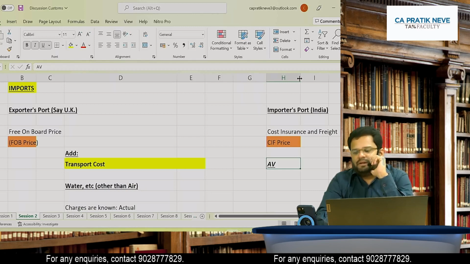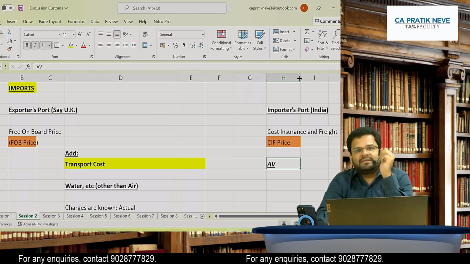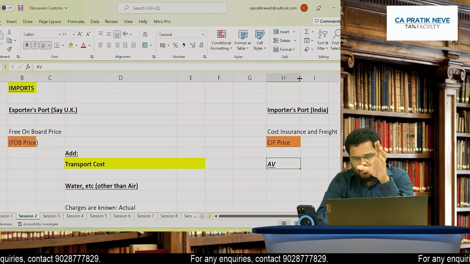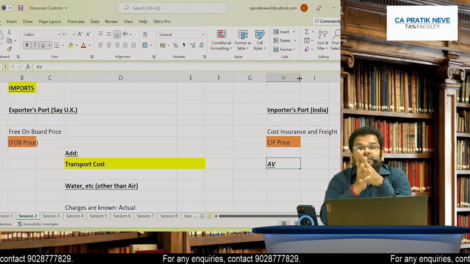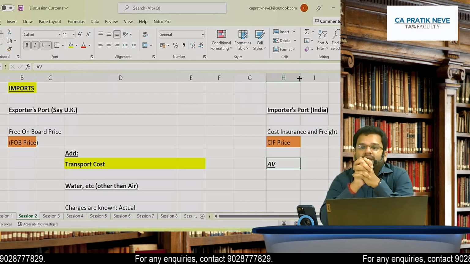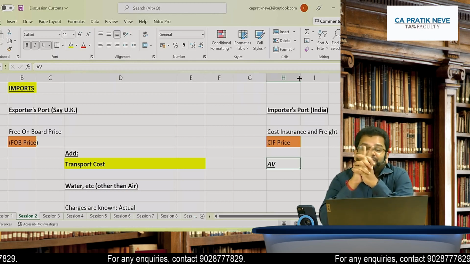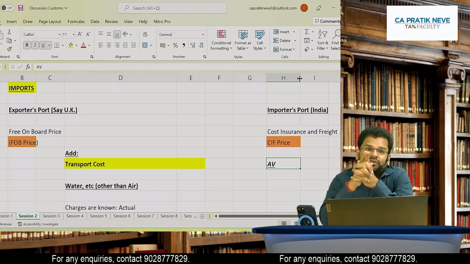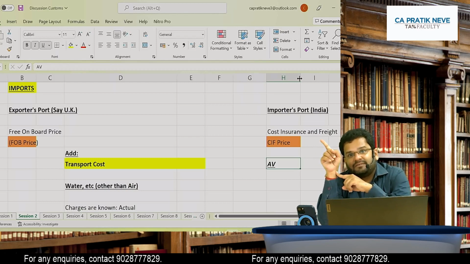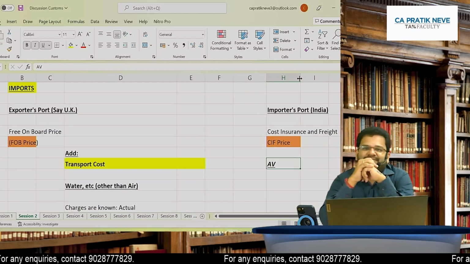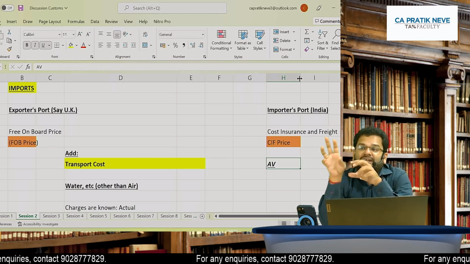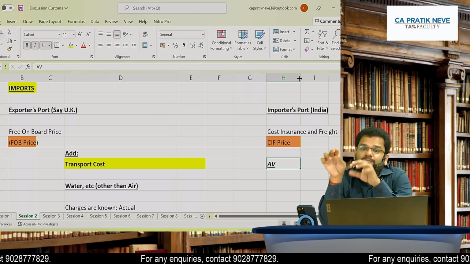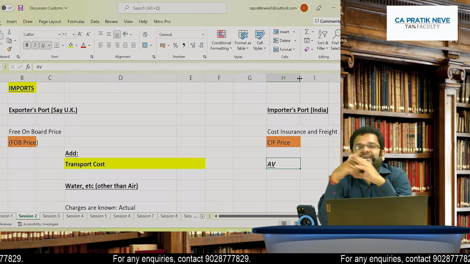It is so simple. Let's modify a few things in that. What we have to modify? Chaitanya, instead of directly telling you FOB, I can tell you that a person in UK has a cost of goods at his factory of £1,000, but he transported the goods from his factory to UK's port at so and so price.